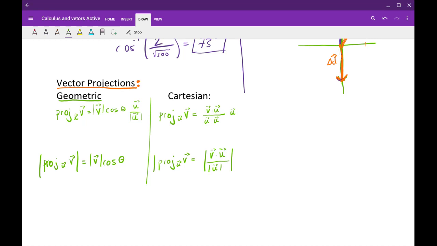That's going to be the magnitude of the projection.